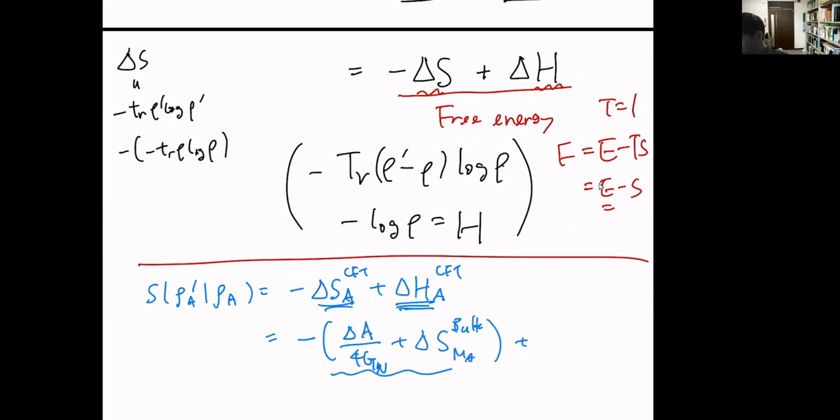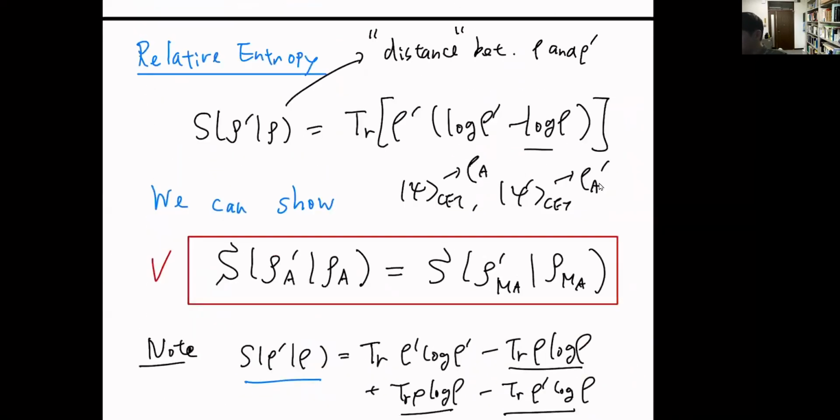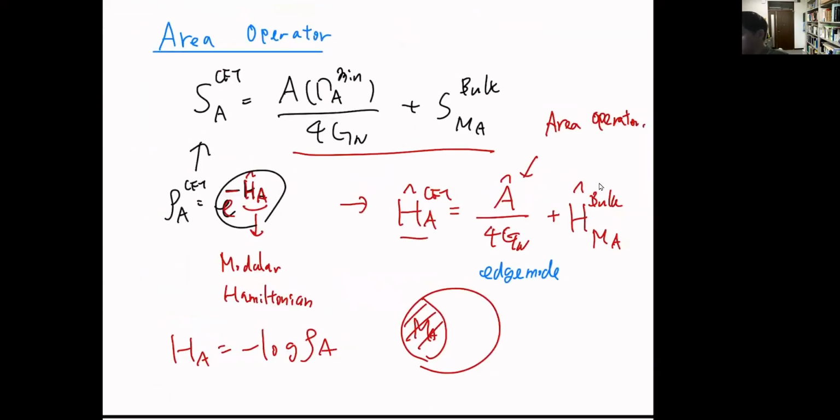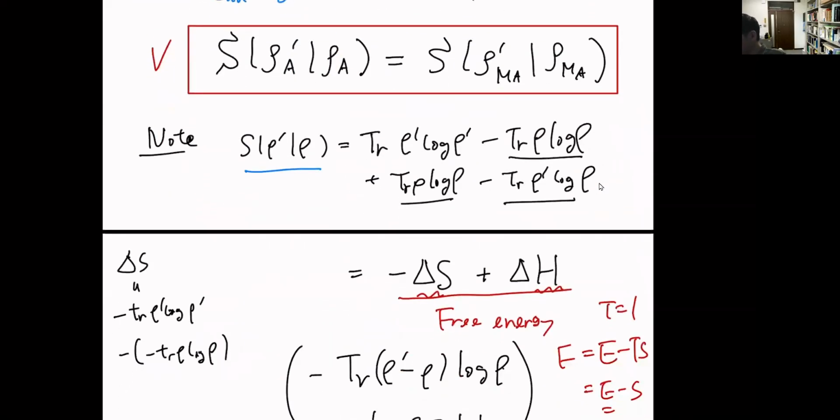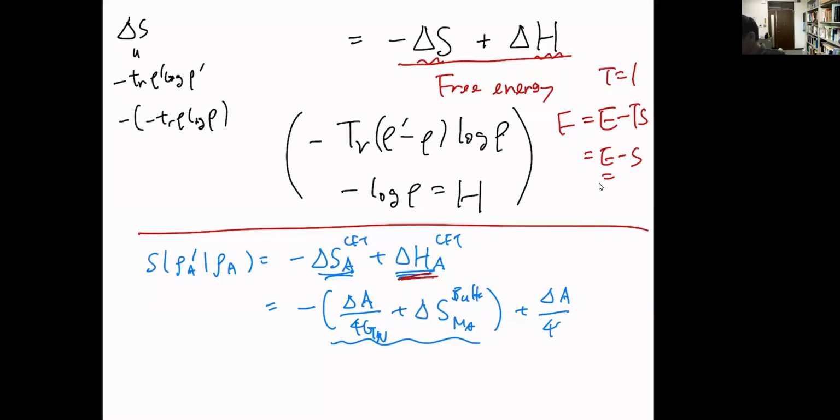Now we go to the modular Hamiltonian term, which we already found here. It has an area term and a bulk contribution. Delta H is the modular Hamiltonian in the bulk.